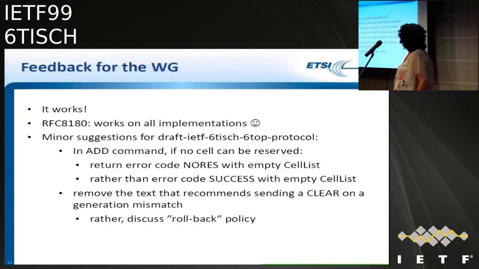In particular for the add command, in the current version, we reply with a success code with the empty cell list when we don't have any more cells available to be reserved. But actually, we realize it will be better to use a no-resource code, still with an empty cell list. And then in case of generation mismatch, right now in the draft, we are recommending to send a clear.